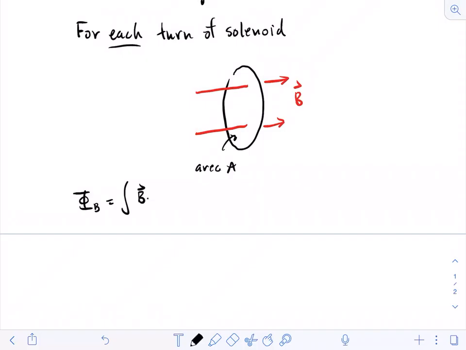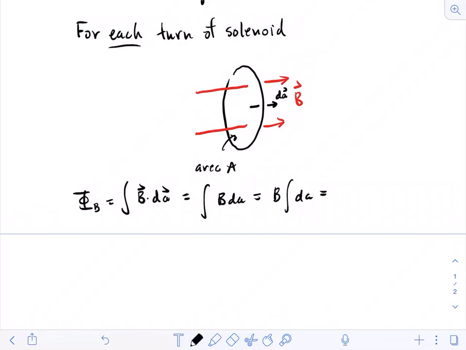that would be B dot dA. Our dA vector and our B vector are parallel, so B dot dA just becomes B dA. B is uniform, so it's a constant.